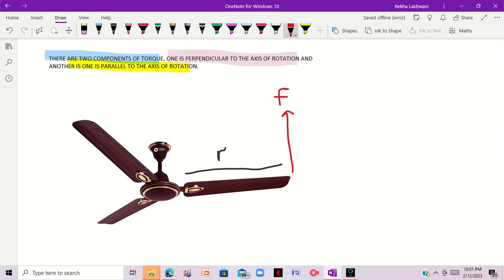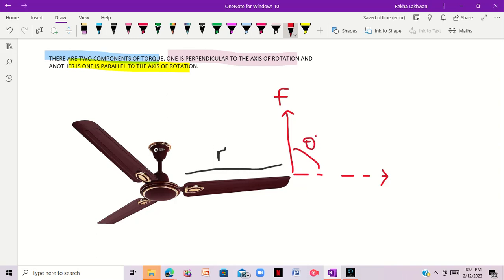Let's parallel shift this R vector, right? It will be something like this, and here we have the angle theta.